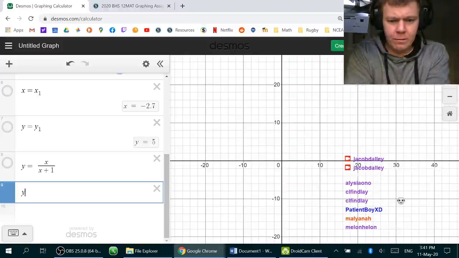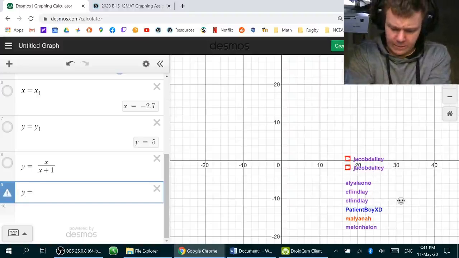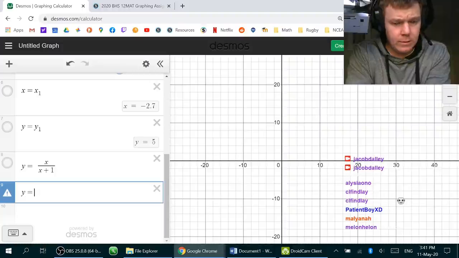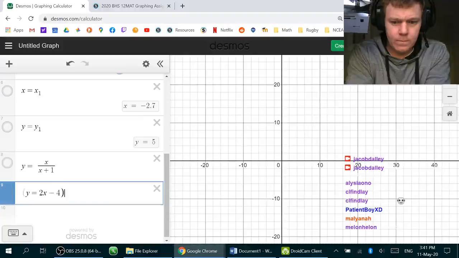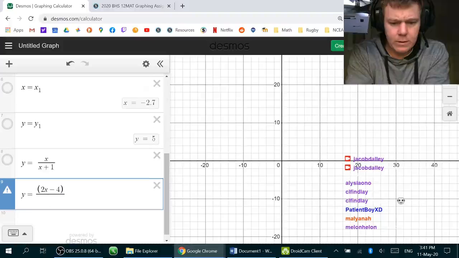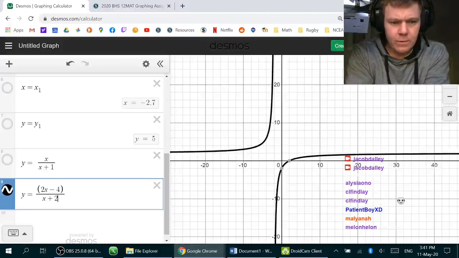So, yeah, you get given occasionally these funny ones that look like 2x minus 4, so all of that divided by x plus 2.